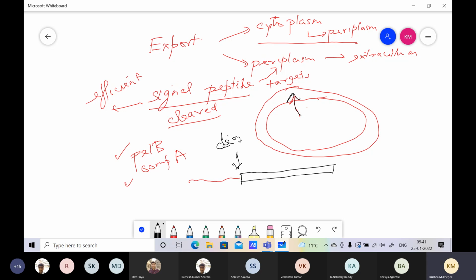So the advantage of having a signal peptide and pushing it to the periplasm is not only that it gets cleaved. Now I'm getting into more details, but usually you have to start with an ATG.